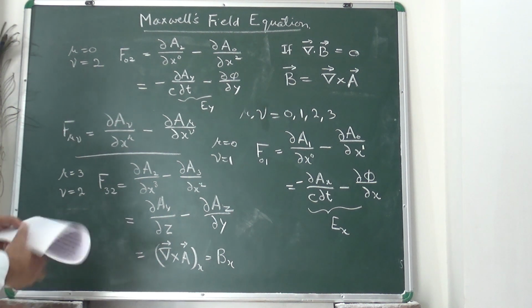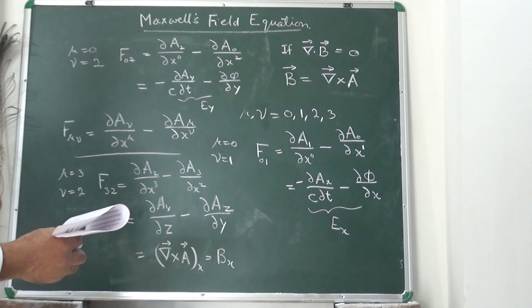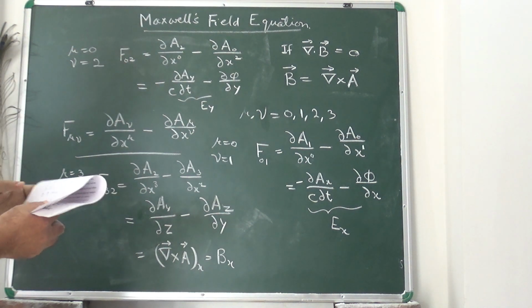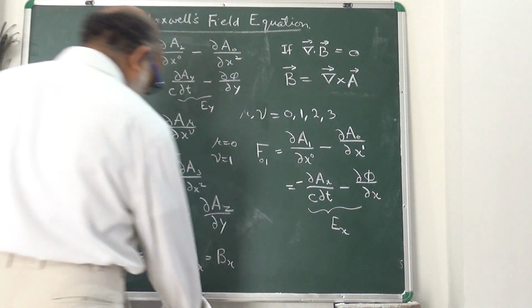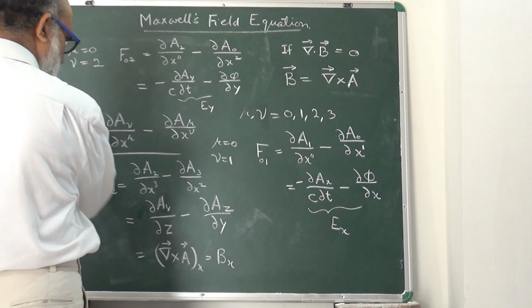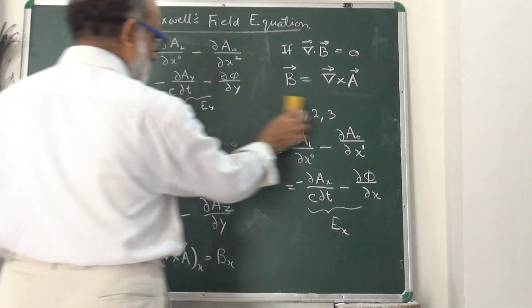So in this way we can obtain all the values of F, the tensor, and the values of the tensor will be like this. Okay, I wrote this one.